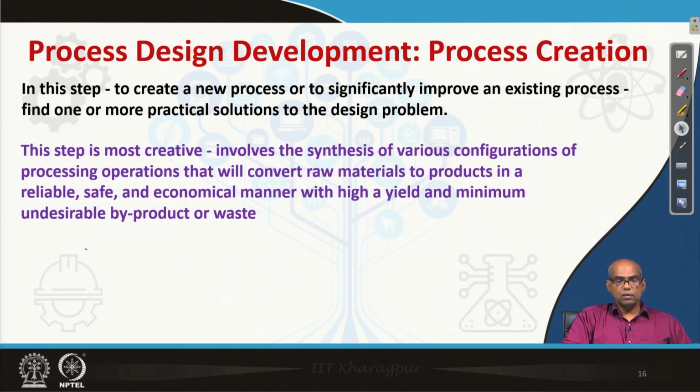This step is the most creative, and involves the synthesis of various configurations of processing operations that will convert raw materials to products in a reliable, safe and economical manner with a high yield and minimum undesirable byproducts or waste.